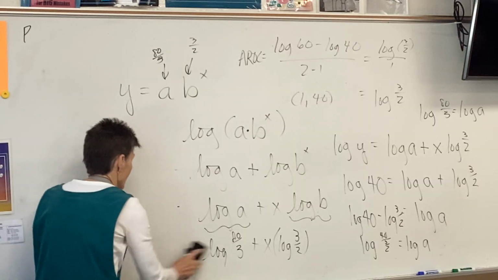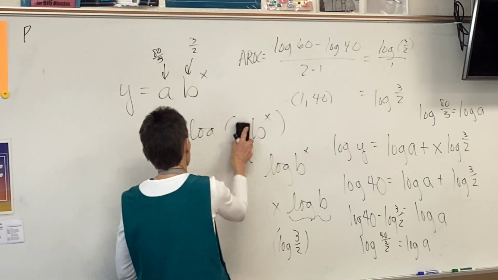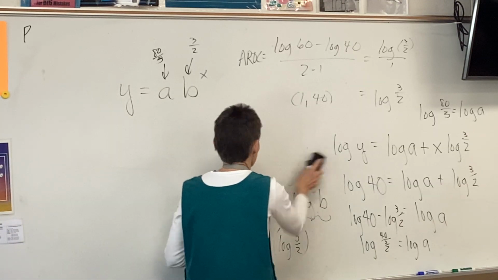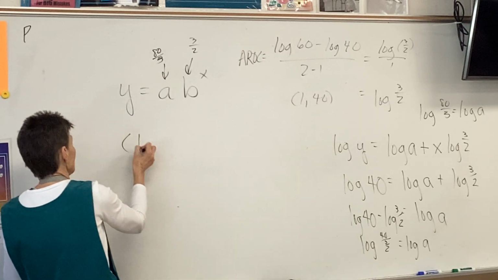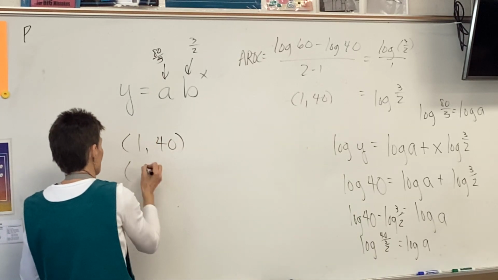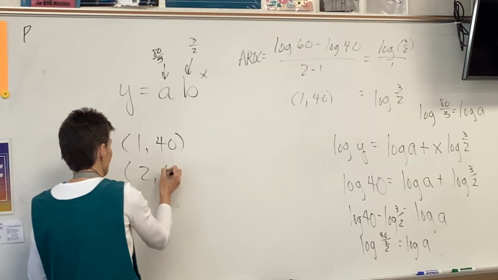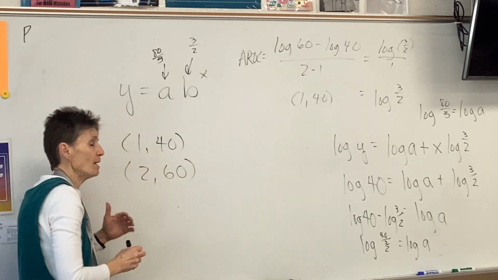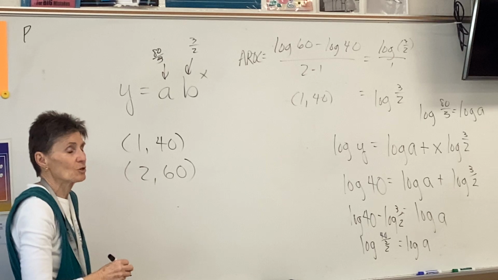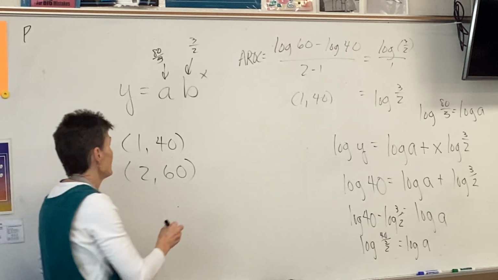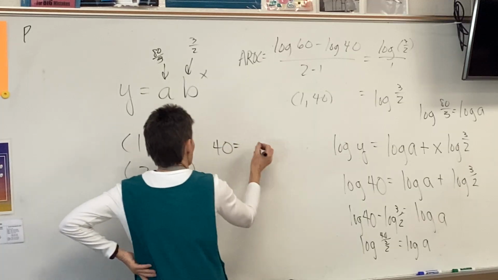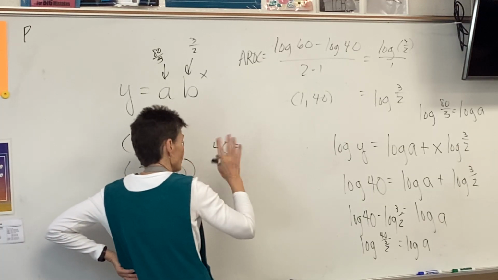Instead, what if we took our original 2 points, just forgot the logarithm part, and wrote the equation of the exponential. So 40, I'm doing the exponential now, not the logarithm.